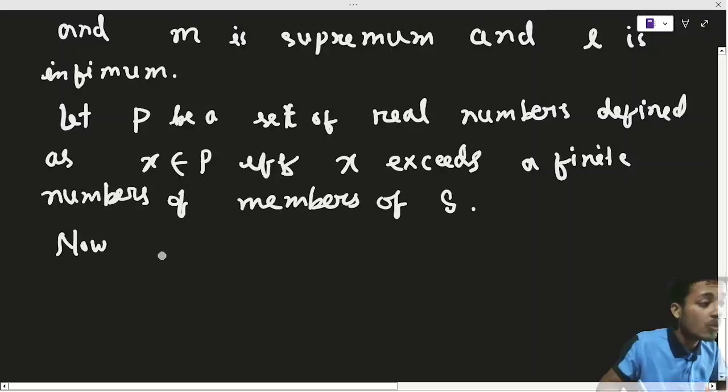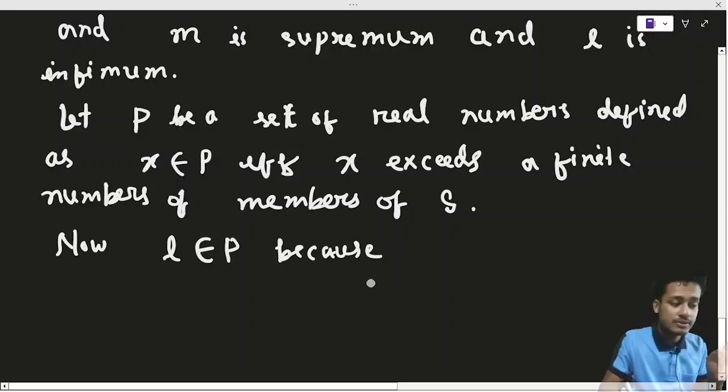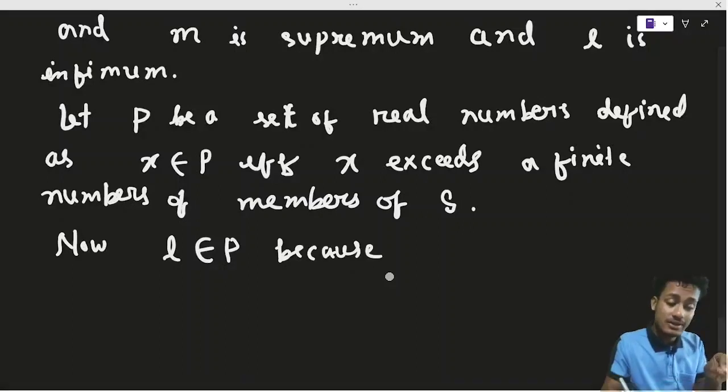That means now small l belongs to P. Why? Because small l exceeds no members of S. Small l is the greatest lower bound.